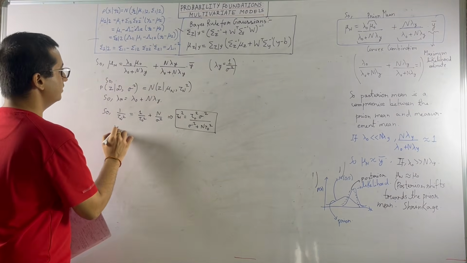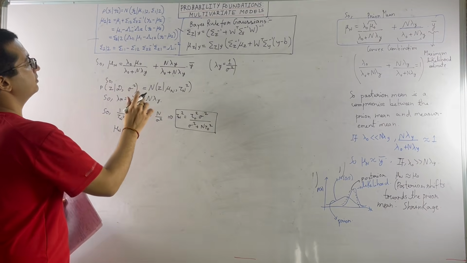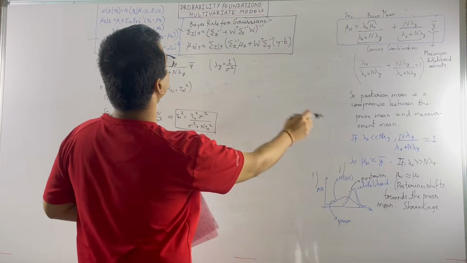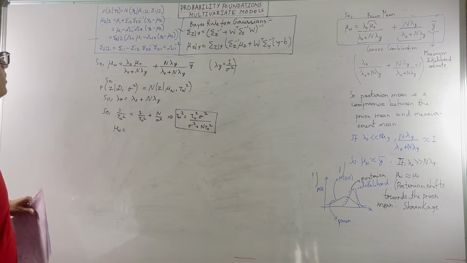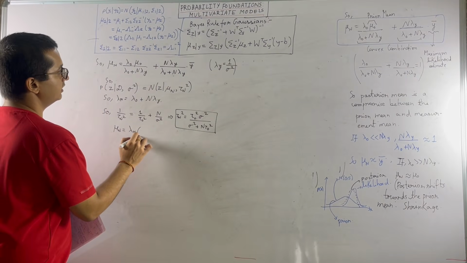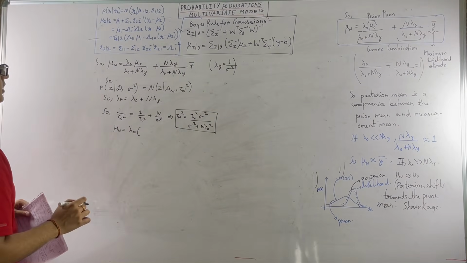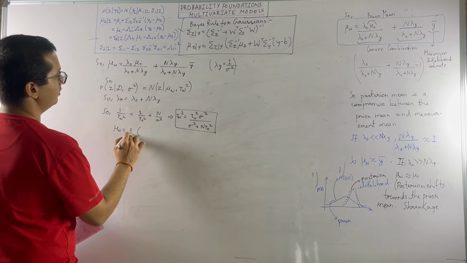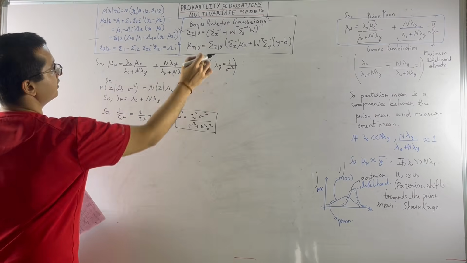And what is mu n? So mu n was basically, you wrote it, right? It was 1 by lambda n. So I'm looking at this expression, right?